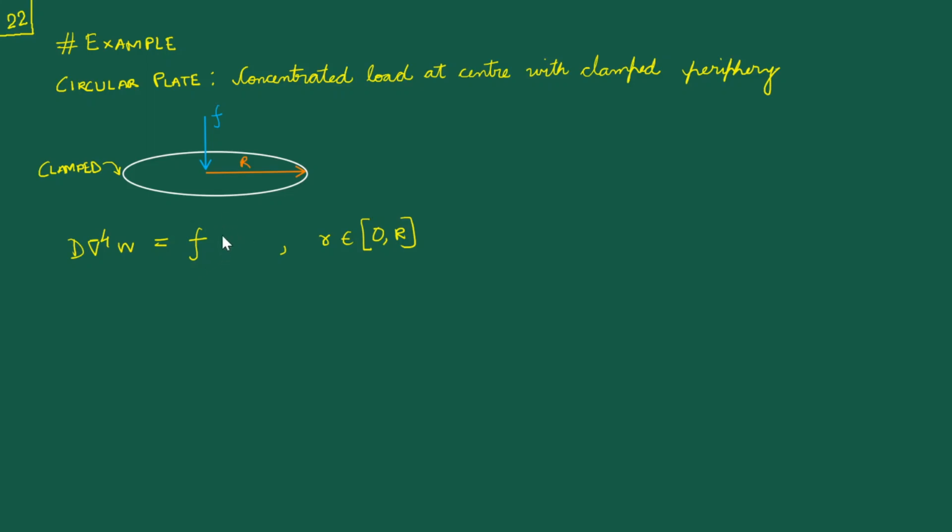So this can be solved by considering the Dirac delta. If we write the Dirac delta of R, with the understanding that we are actually writing it like R minus 0, what we actually imply here is that this entire term will be applicable only when R is equal to 0.